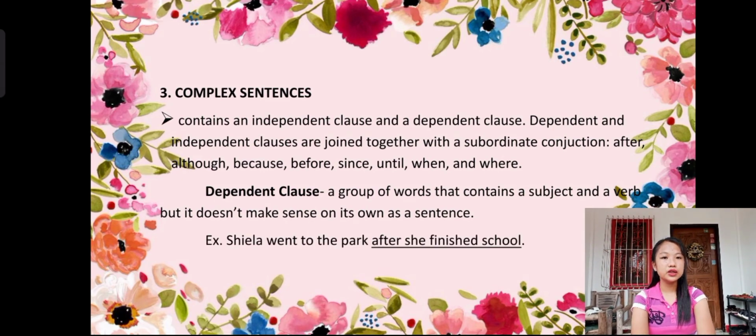Like this one, Sharla went to the park after she finished school. The underlined words are an example of a dependent clause. We have a subject, she, and a verb, finished. But it doesn't give you a clear message.